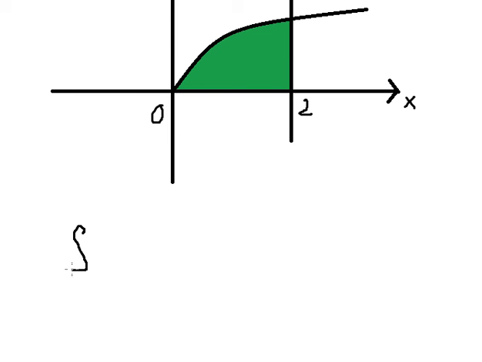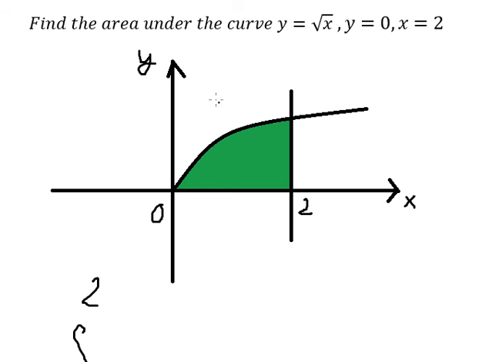We have the integration from 0 to 2, and this one is y equals the square root of x, and this one is y equals 0. So this is the upper, this one is the lower.